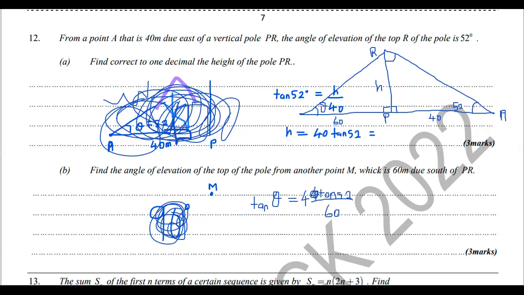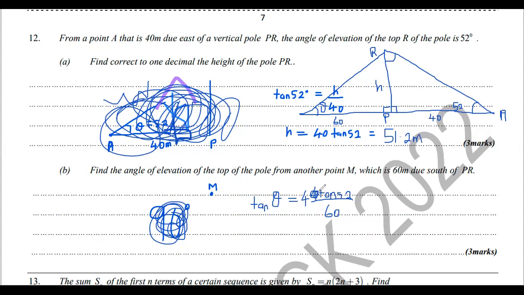All right, so the first answer here, we have 40 times tan 52. That gave us 51.2 meters.